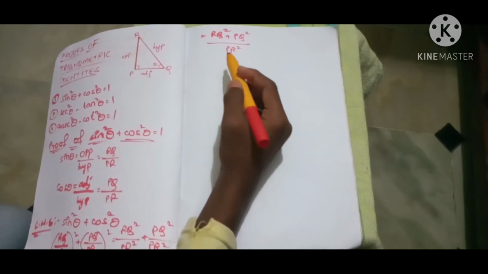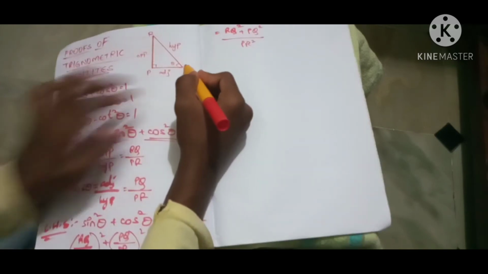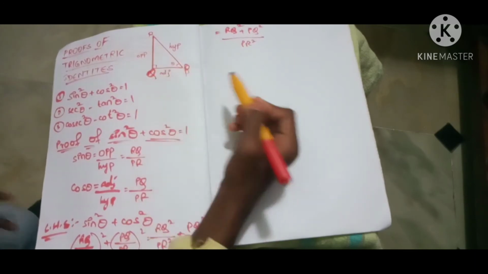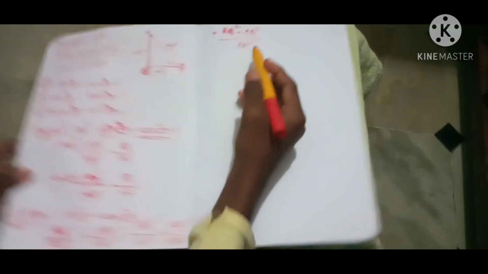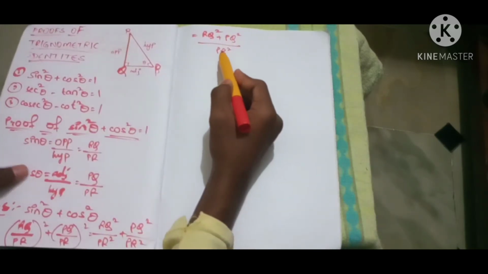PR is the hypotenuse, so we wrote PR square here.